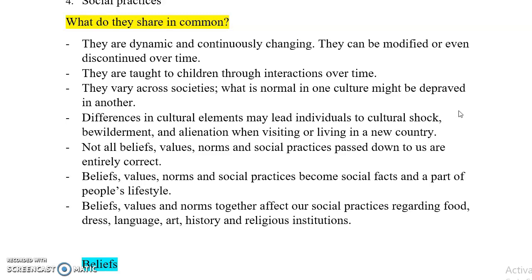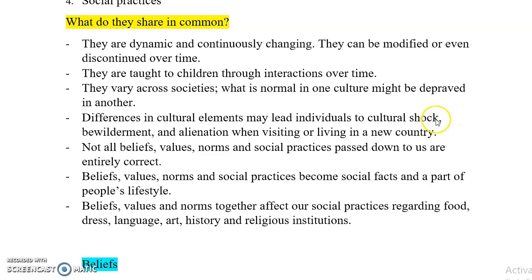But this is not necessary in some other countries or cultures, in Europe, for example. If a stranger or a guest comes to your house, you can ask him from the first minute about the reason why he comes to your house.